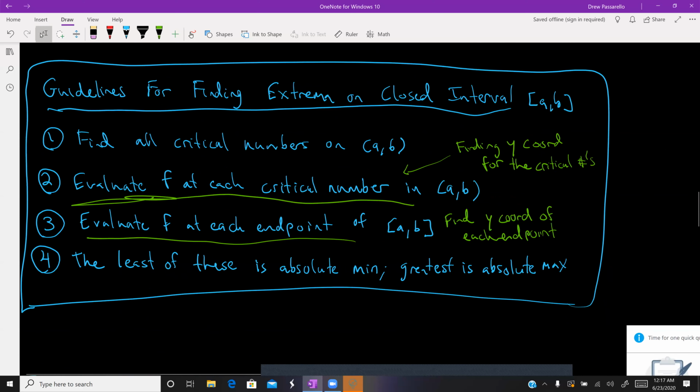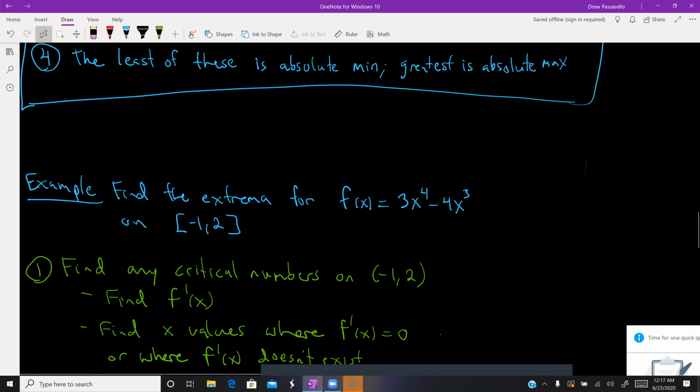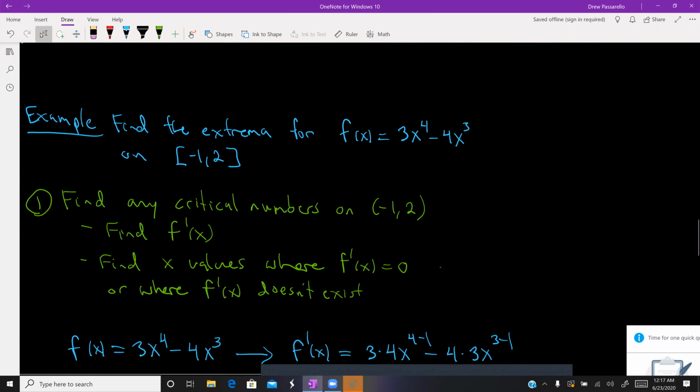And in the next couple of videos, I go through several examples where you find critical numbers, determine relative min and relative max, and then determine absolute min and absolute max. But this captures all of it when it's finding absolute extrema.